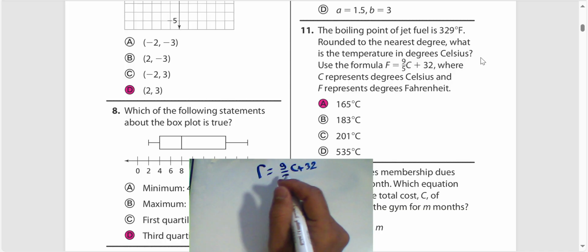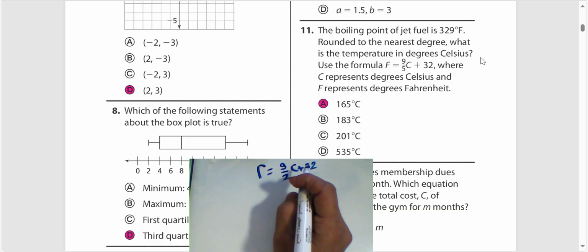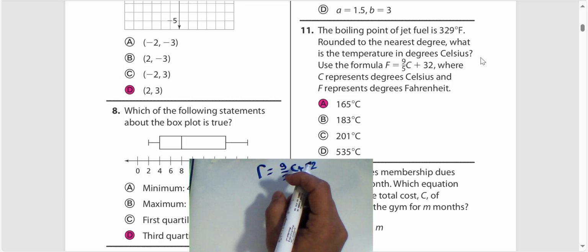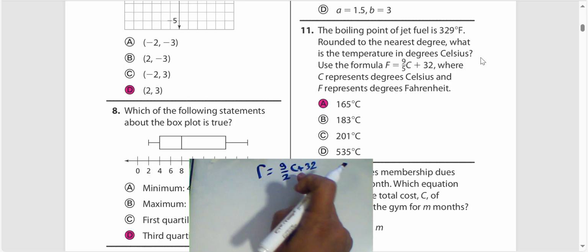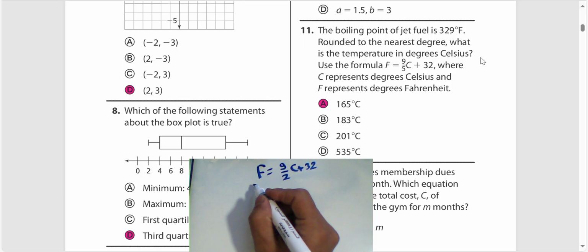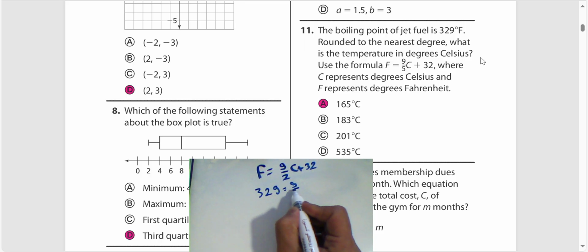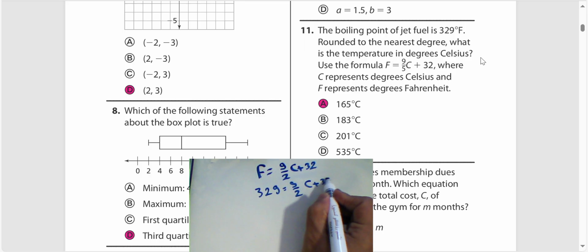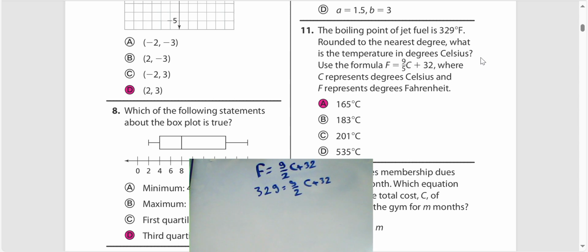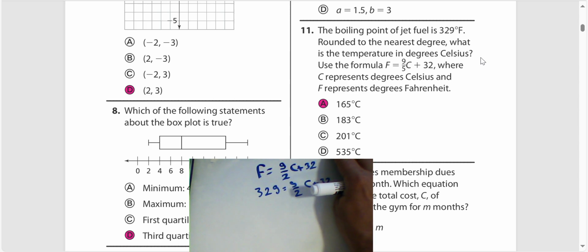We want to find C, which represents degrees Celsius, and F represents the Fahrenheit. So we put F, the Fahrenheit, as 329, equal to 9 over 5 C plus 32. We can solve this equation. We must move this number to the left-hand side.